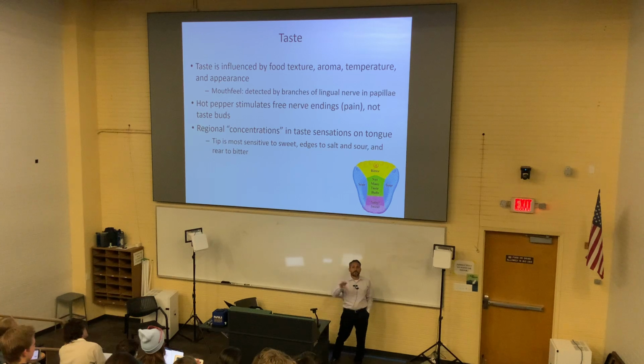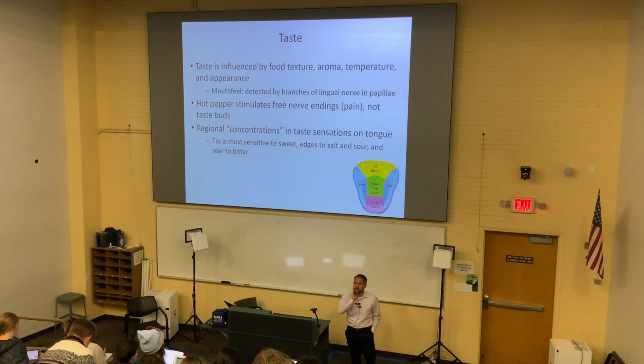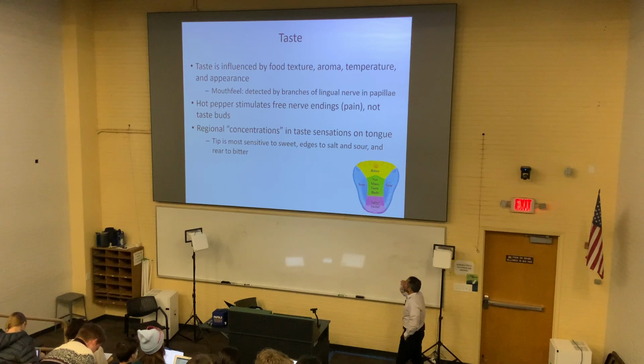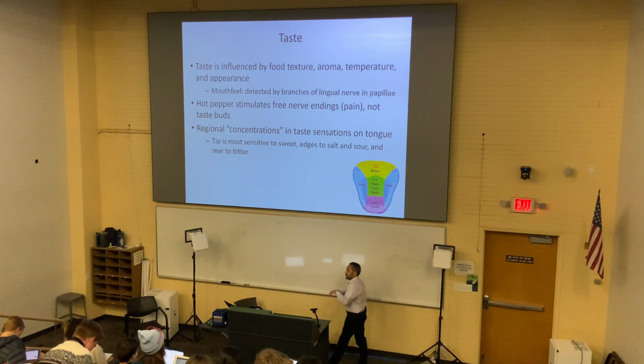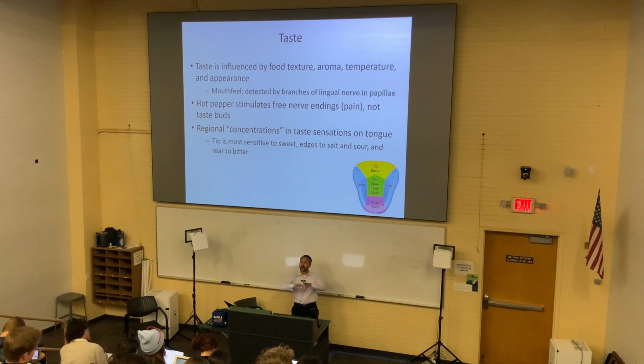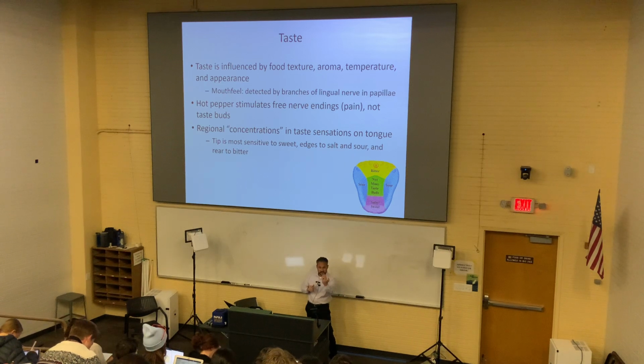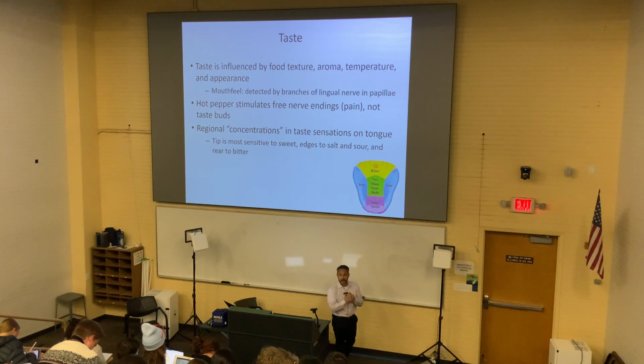We have what we refer to as regional concentrations. And a lot of times this map here is misunderstood. The taste buds that are found in the papilla are located all throughout the tongue, all throughout the cheek, the soft and hard palate, the pharynx, even on the epiglottis.